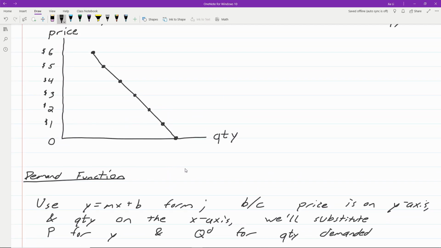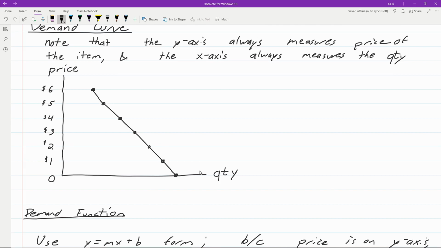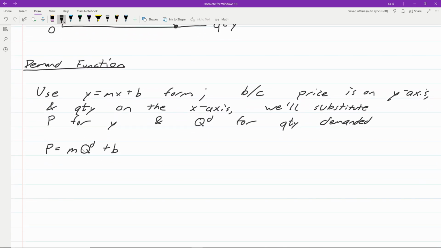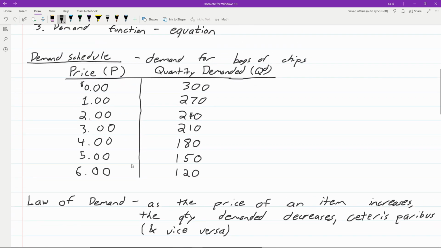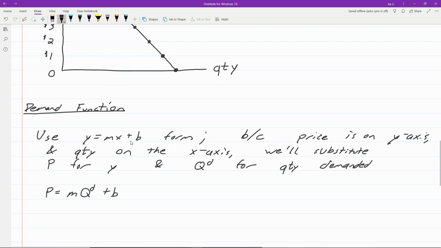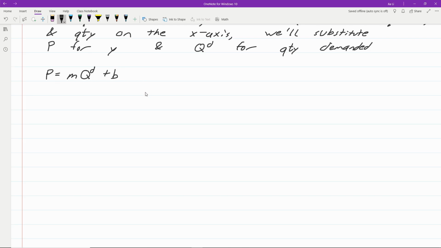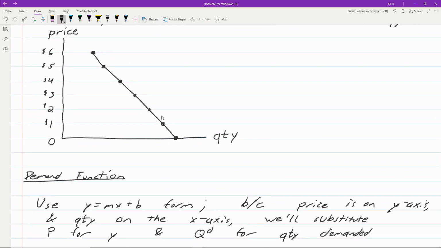Okay, so how do we actually turn this graph, for example, or this table into this type of equation? It's quite easy. We basically just do the same things that we did before with regards to the graph, kind of like what we did with the budget constraint.